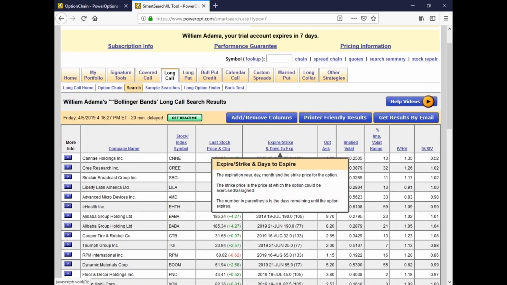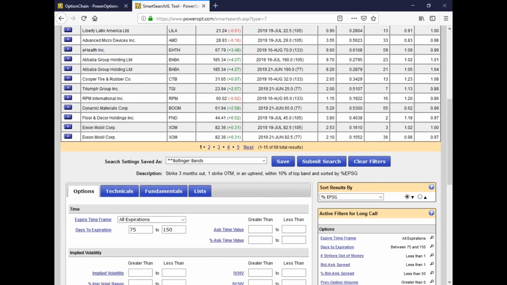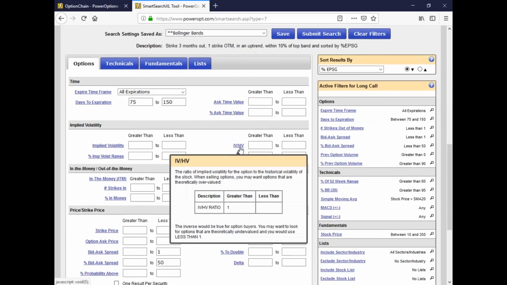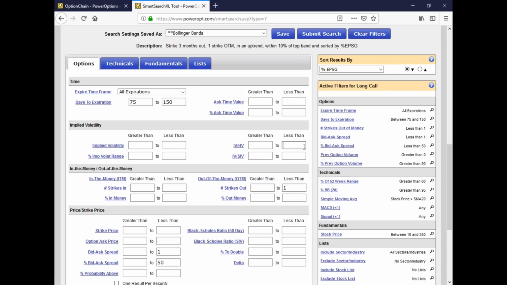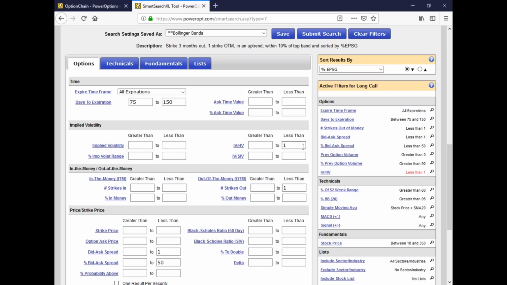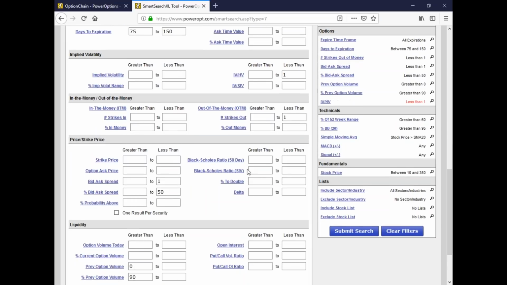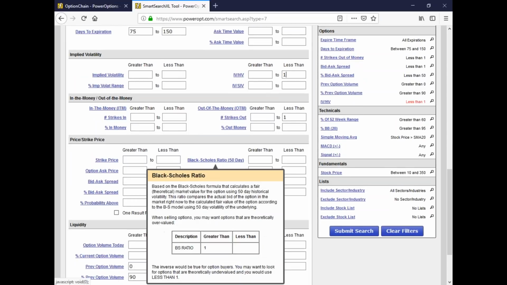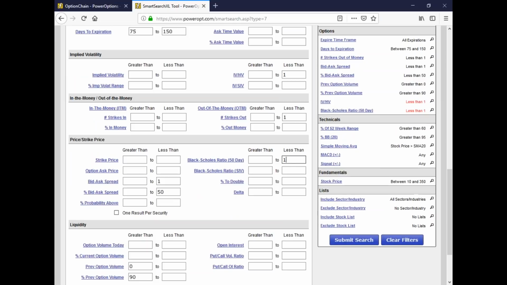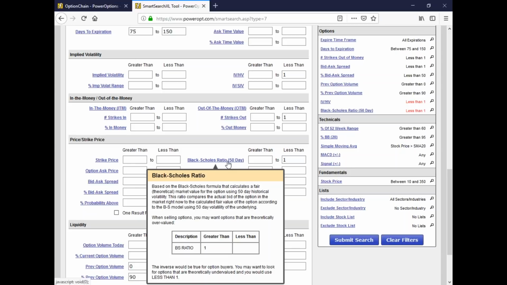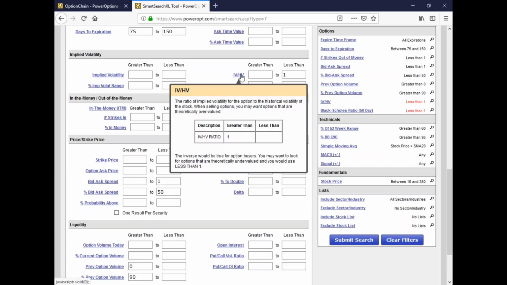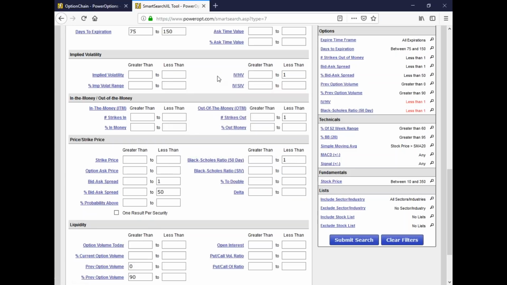Well, if I'm buying an option, I'd want to see an option where the IV-HV ratio would be less than 1, or where the Black-Scholes ratio, again compared to the 50-day, is less than 1. In theory, when I'm selling, I want it to be greater than 1, don't I? Okay, but that's how you could set up search. You could use the Black-Scholes ratio, 50-day, or the IV over HV, the option's implied volatility over the historical volatility.